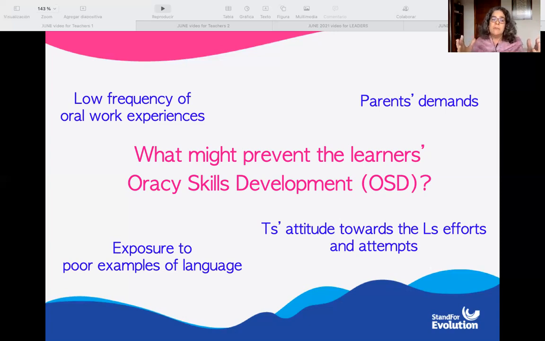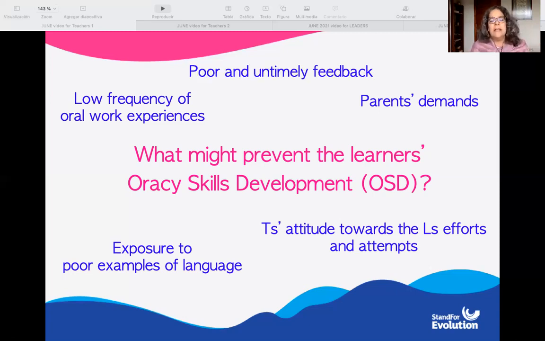If the teacher, the head of the school, or the head of the English department has a poor command of the language, they become poor models, and therefore the children's oracy skills will be poor.